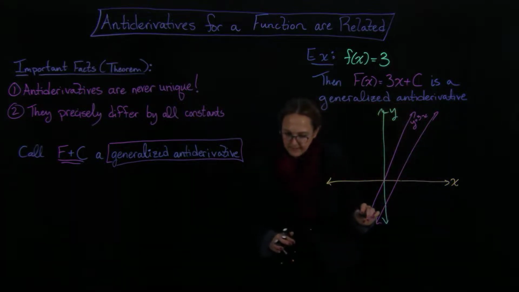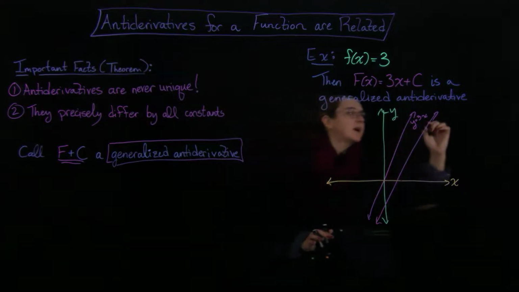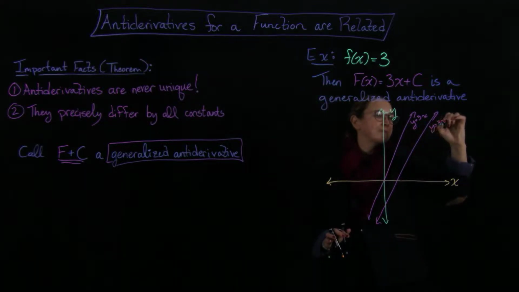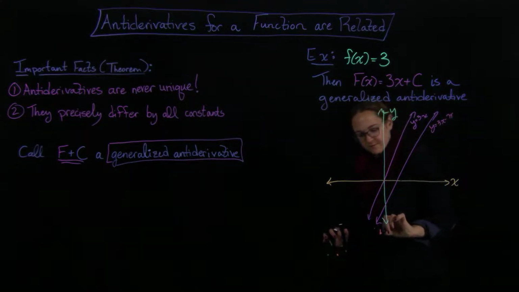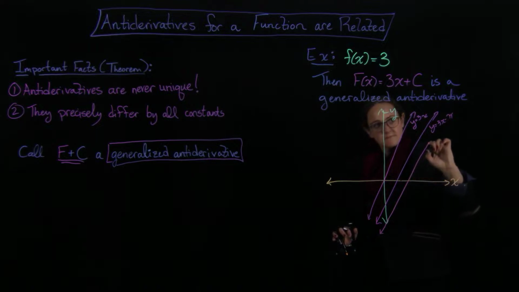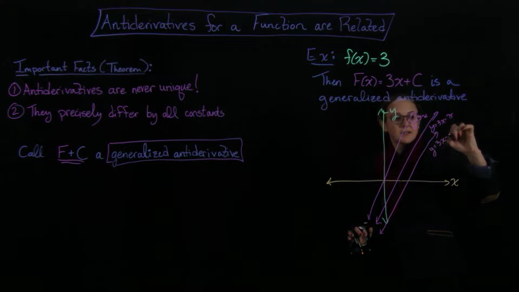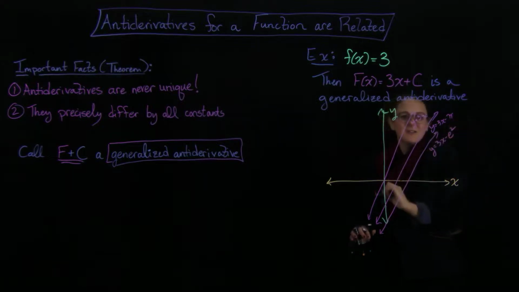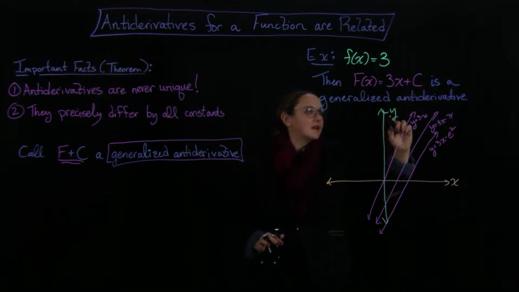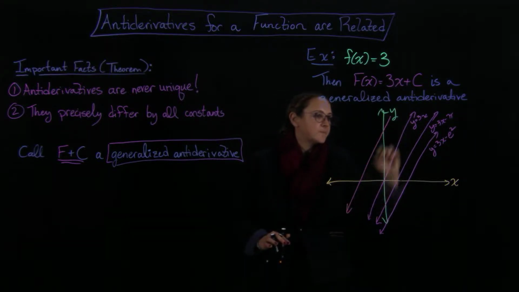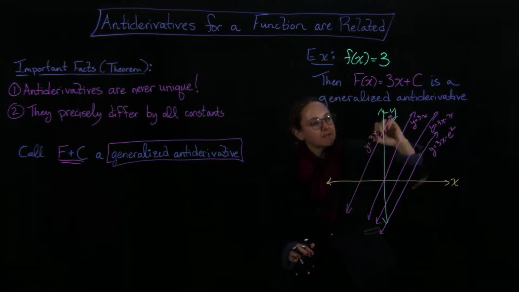I think I failed a little bit at that. So I could do y equals 3x minus pi, for example, or y equals 3x minus e squared, or y equals 3x plus e.